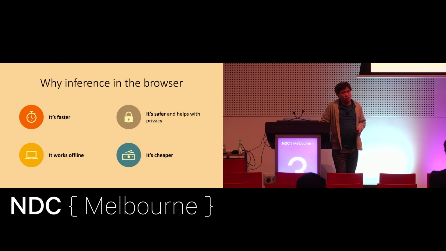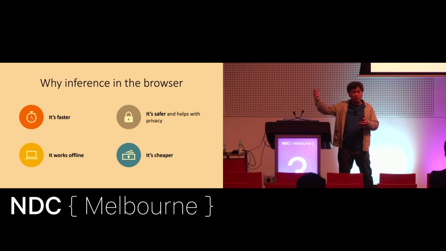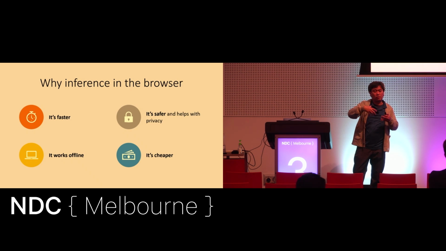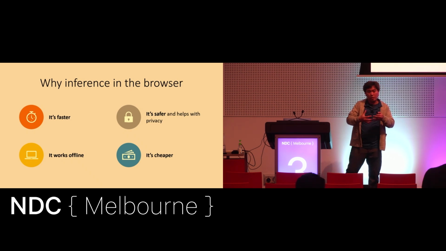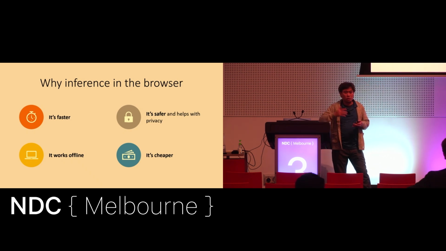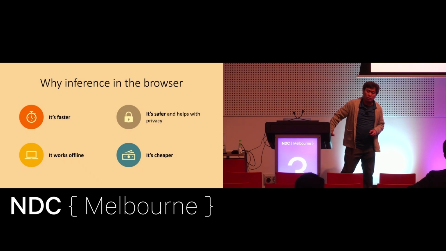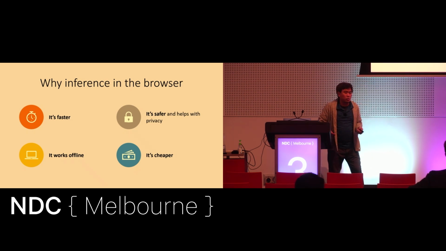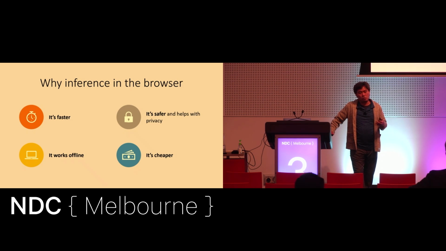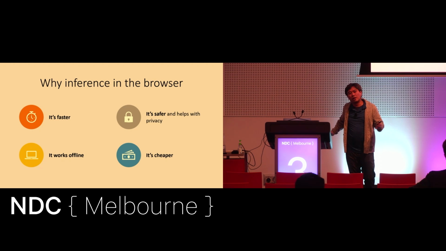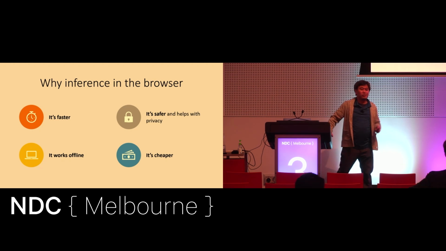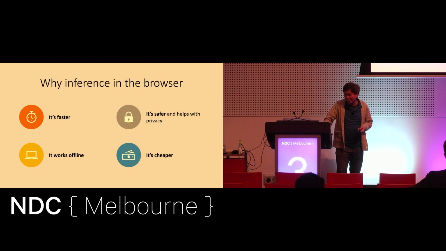It also works offline, because once it has a copy of the model running in the browser, it does not need to send anything anywhere. And it's way cheaper too, because you're using the device itself rather than borrowing other people's computers, which is the cloud, right?